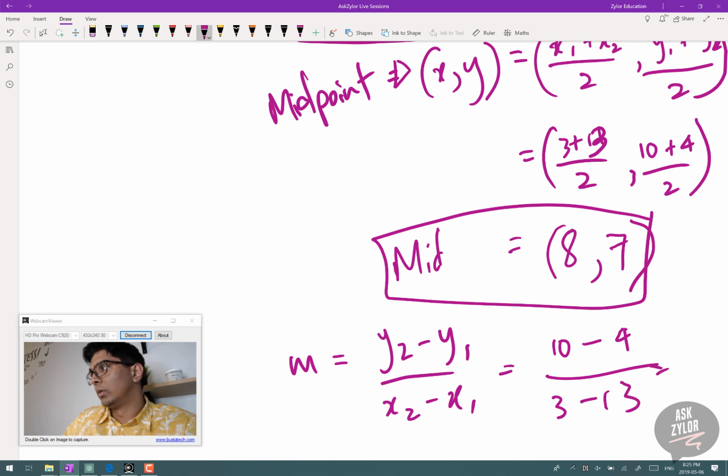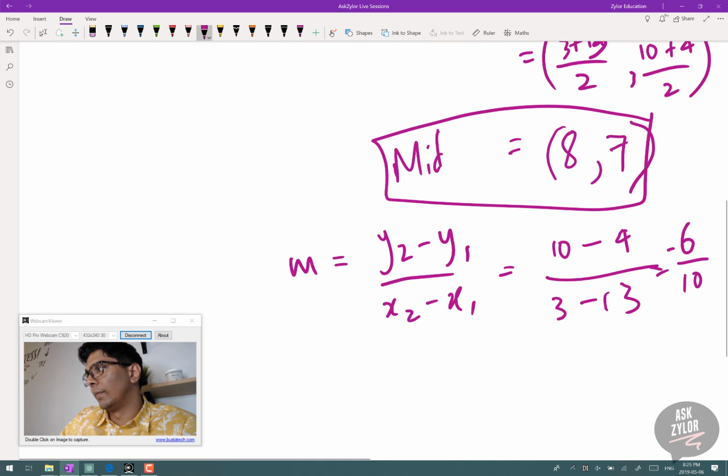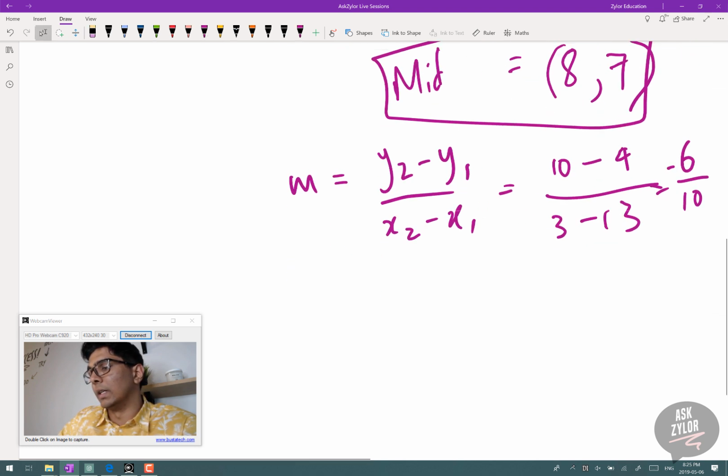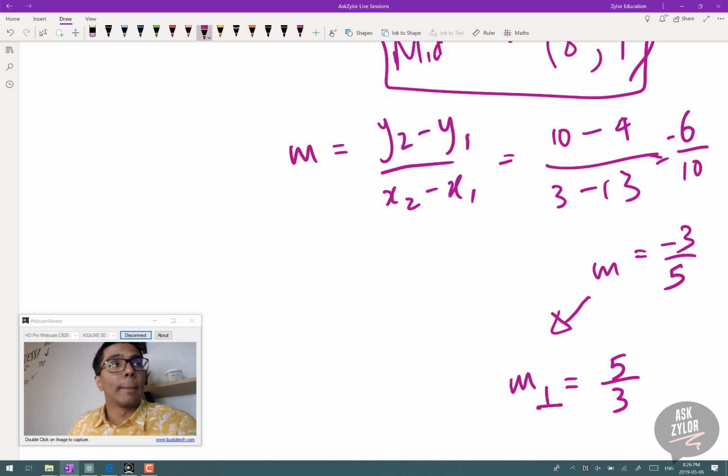I get 6 over negative 10, so I get negative 6 over 10. This simplifies to negative 3 over 5, right? To get a perpendicular line to this slope, I need to get the negative reciprocal, right? So my perpendicular slope would be 5 over 3, and it ends up being a positive, right? Again, we need a negative reciprocal.